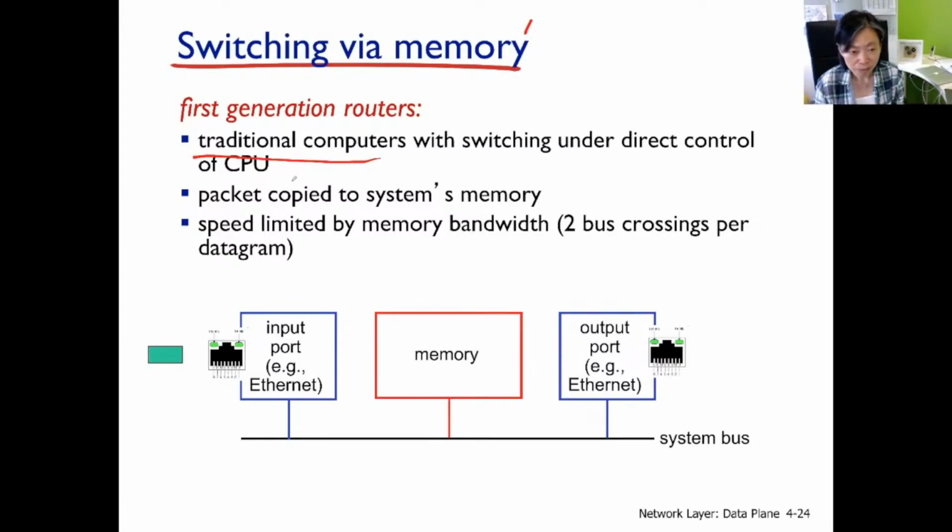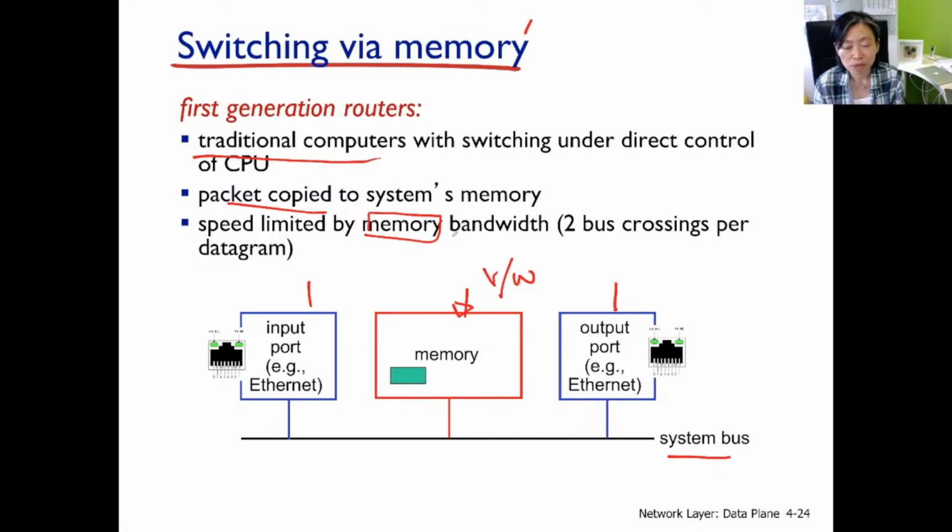Similarly here, we have a packet in the input port and we want to push it to the output port. The packet is going to be copied to the system memory here in the middle, through the system bus. And then from the memory, it is copied to the output port's memory. So the speed of moving the packets is limited pretty much by the memory here: the speed to write and the speed to read.